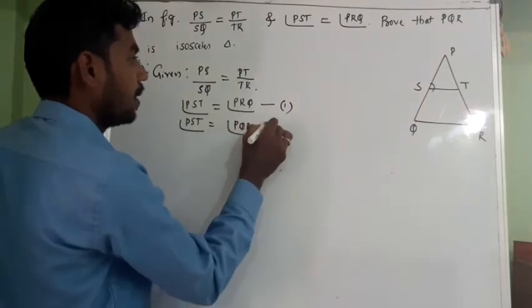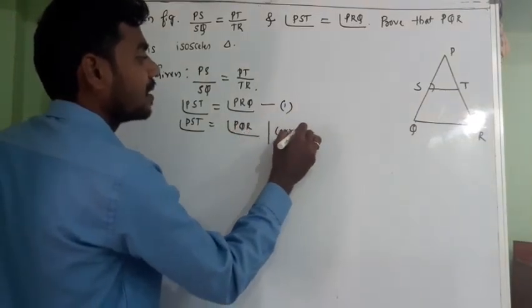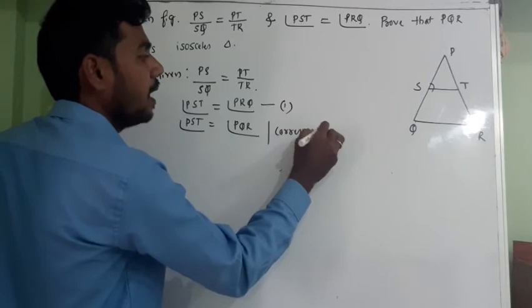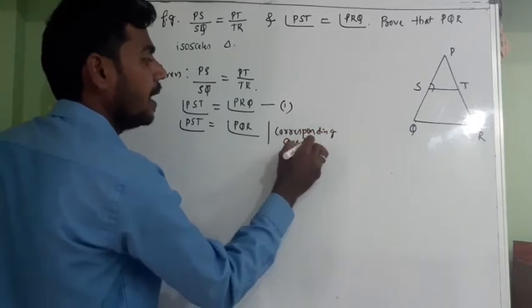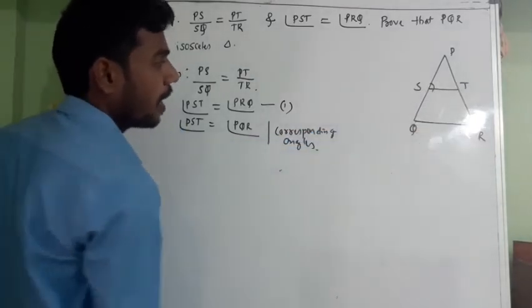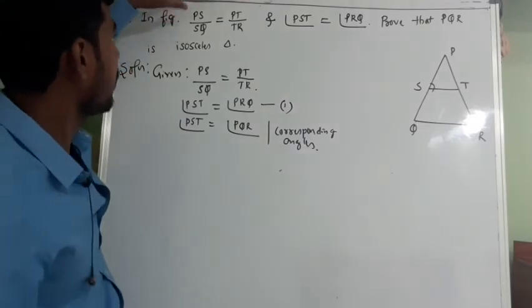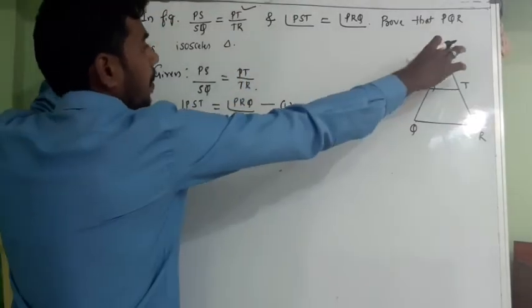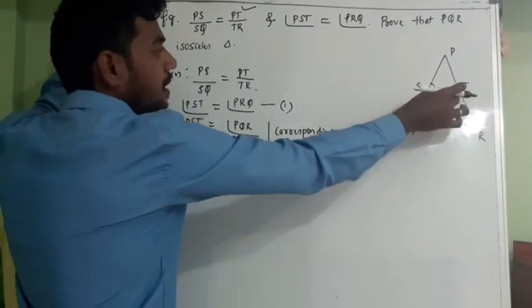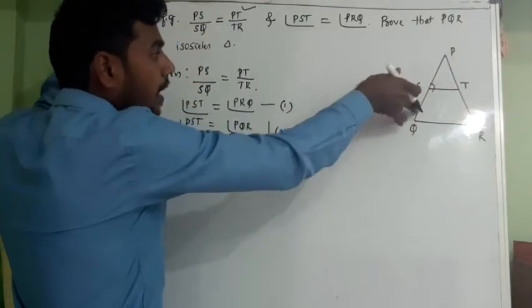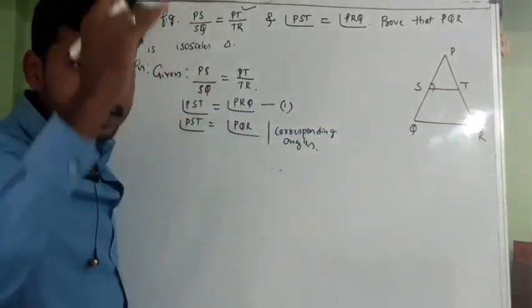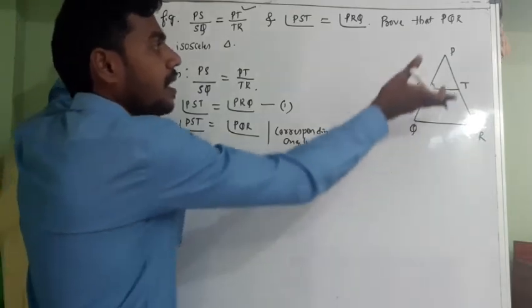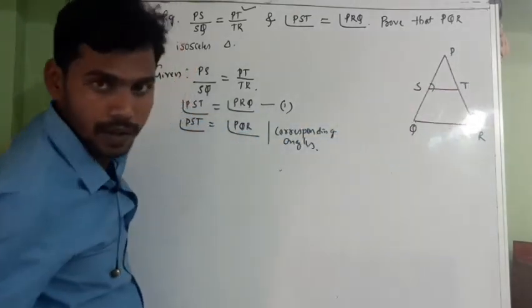Why? Corresponding angles. Why? See, ST and QR: PS by SQ means this ST is dividing PQ and PR in the same ratio. That is the reason this ST is parallel to QR.